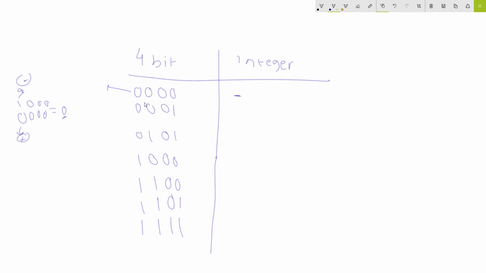And then when it's a negative number, you remember that this is 2 to the 0, which is 1, and this is a 2, and this is a 4, and this is an 8. So when it's a negative number, it's negative 8. When it's a negative with 4 zeros, it's only negative 8.